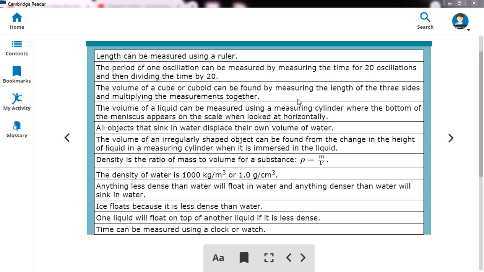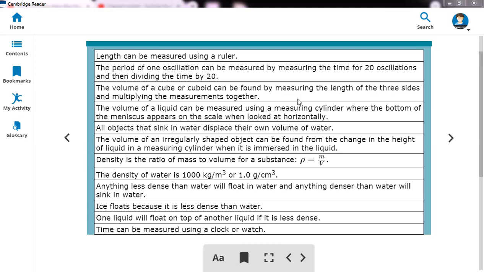And then we find the density. First of all, we measure the mass. We measure mass with a pan balance or digital balance, and we use the kilogram as the standard unit of mass. Mass is the amount of matter that an object contains. After that, we find the density: we divide the mass by the volume.